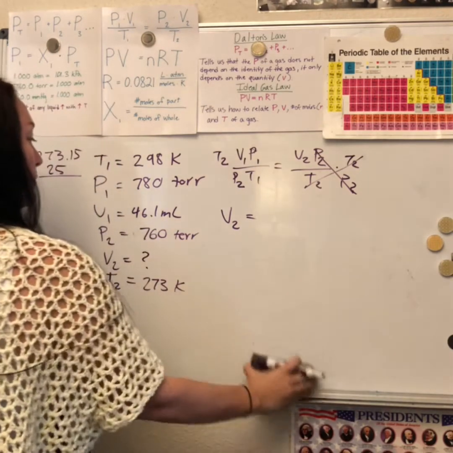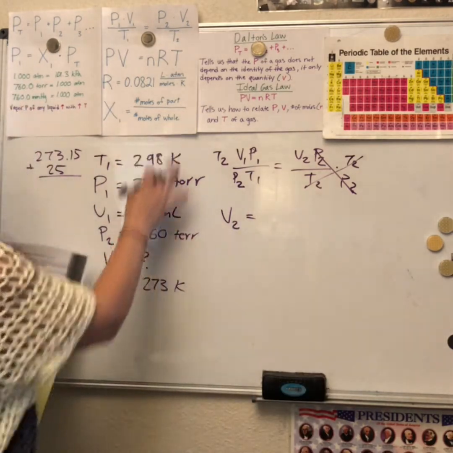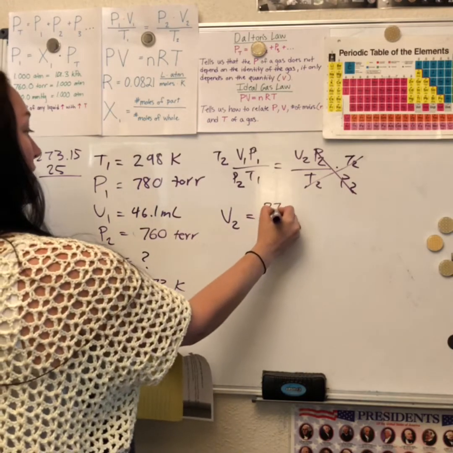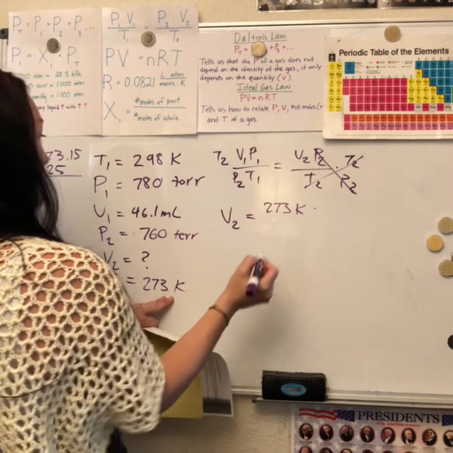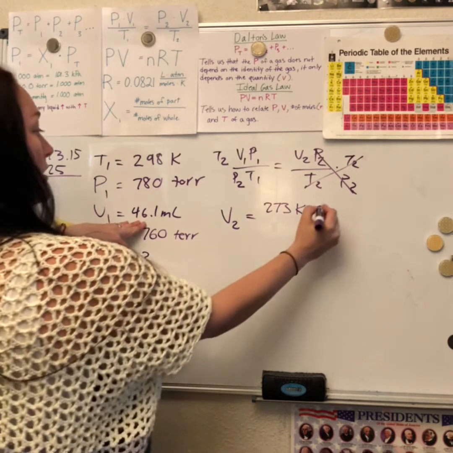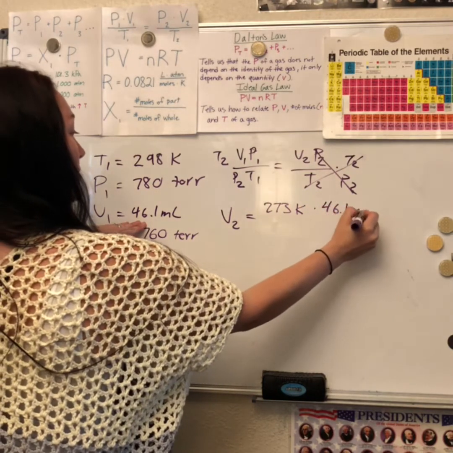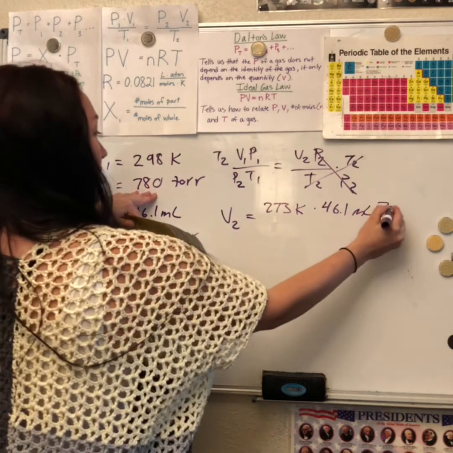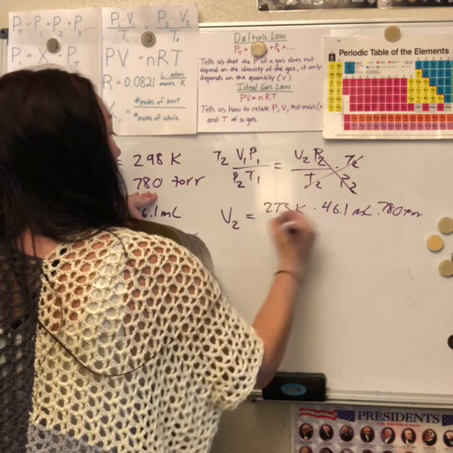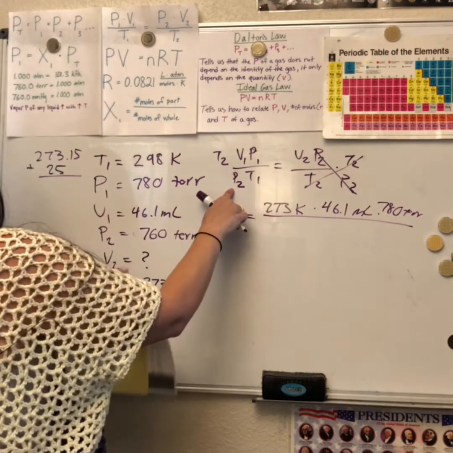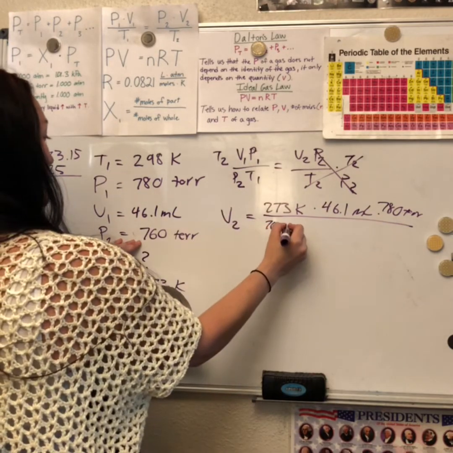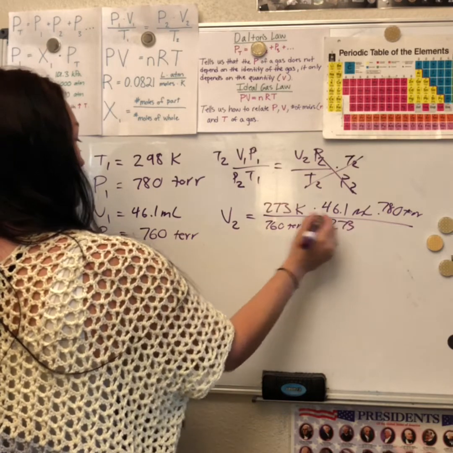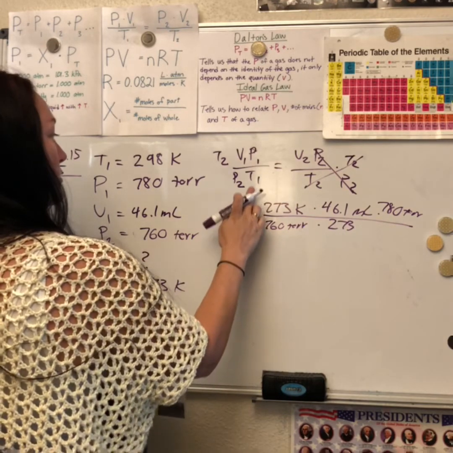Give myself room. All right, so now I'm ready. All my units match. I can plug things in. On the top, I've got 273 Kelvin times V1, 46.1 milliliter, and P1, 780 torr. On the bottom, I've got pressure 2, 760 torr, and temperature 2... oh, temperature 2, temperature 1.